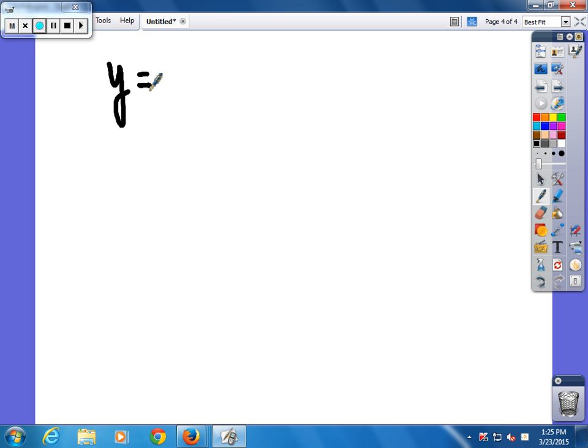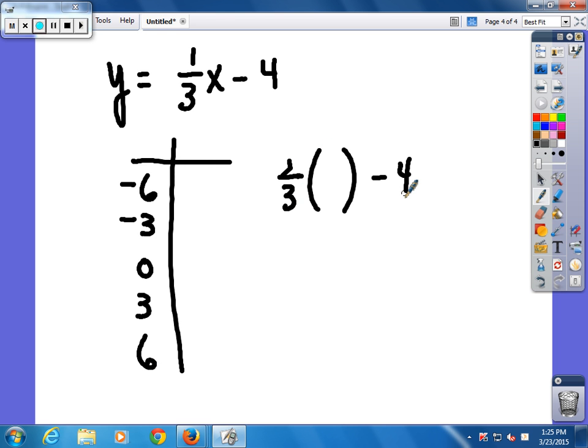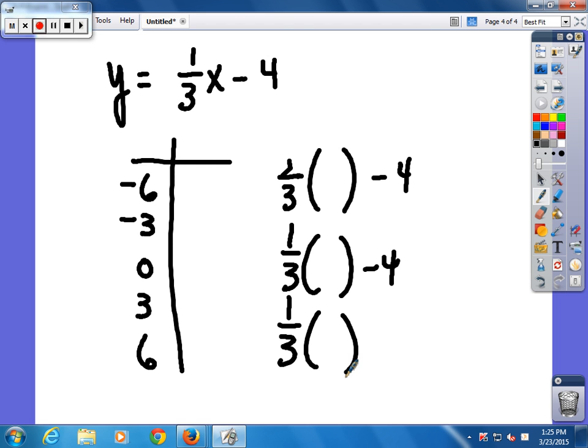Y is equal to 1/3 x minus 4. -6, -3, 0, 3, and 6. 1/3 times blank minus 4, for each of the four values.